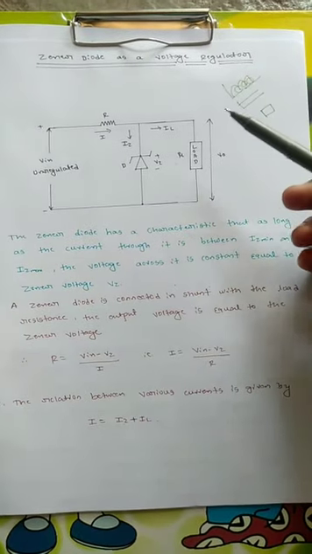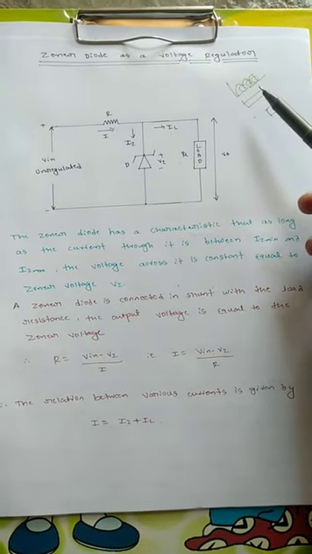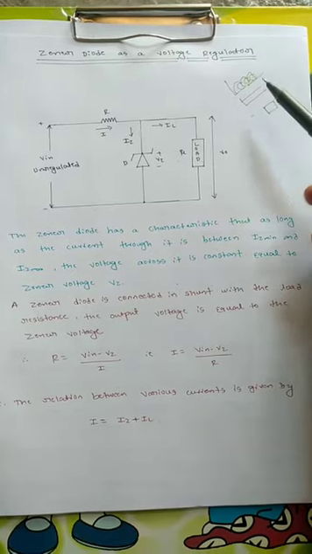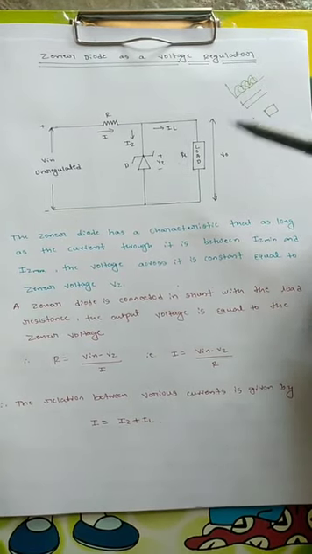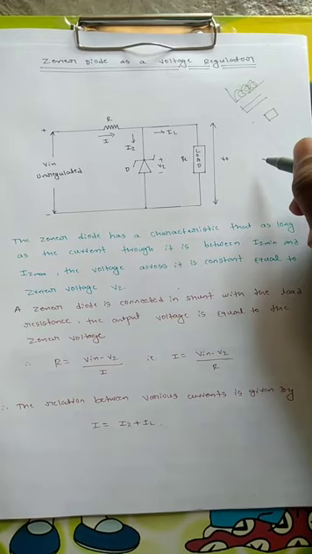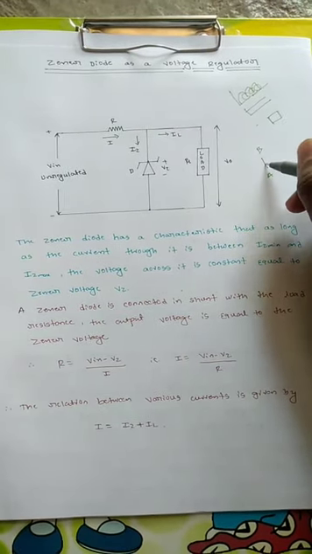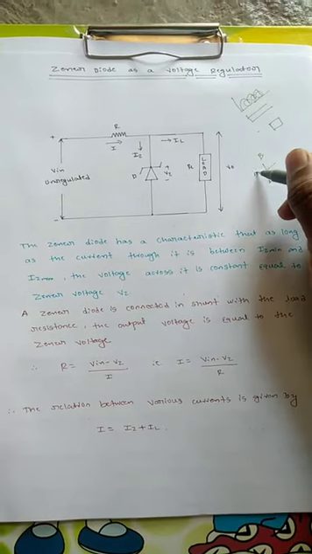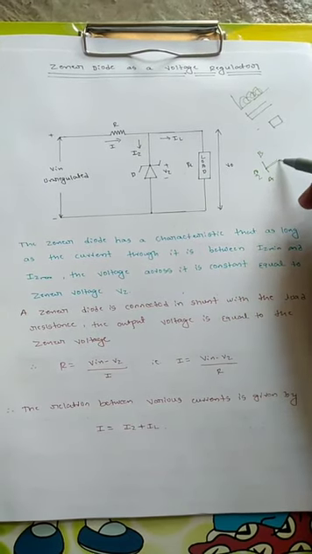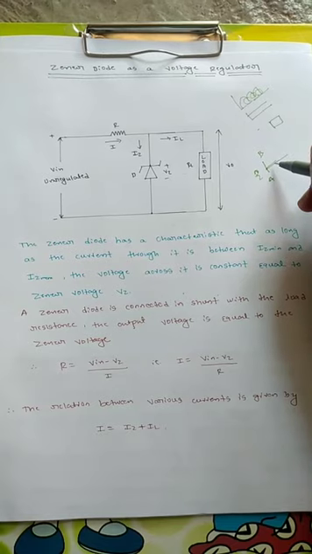This can be done with the help of a filter. In this case the Zener diode is used as a voltage regulator. Suppose the voltage is fluctuating between two points A and B, but we want a constant point at B by 2. With the help of a Zener diode we can maintain the voltage at this point.